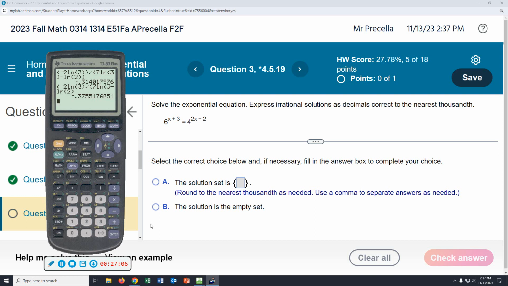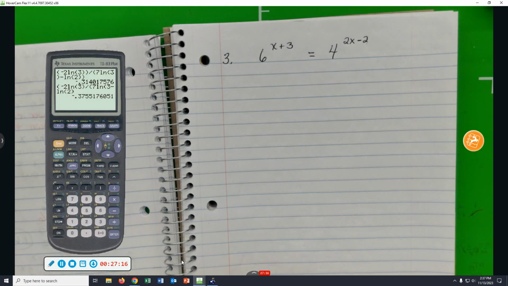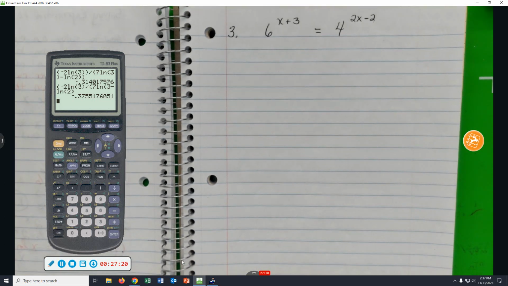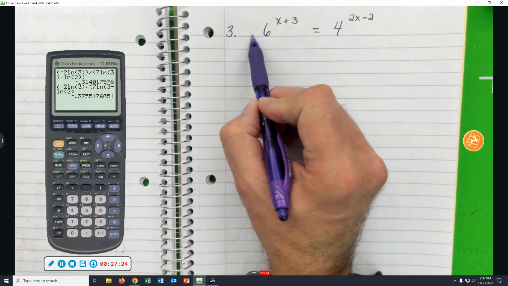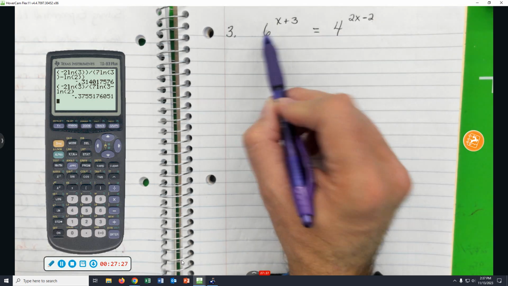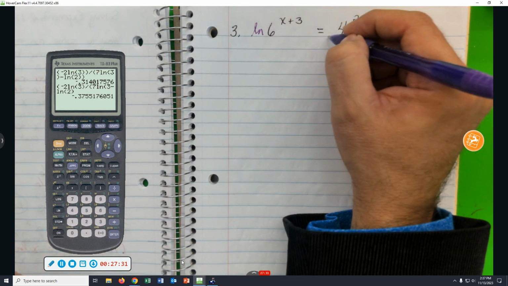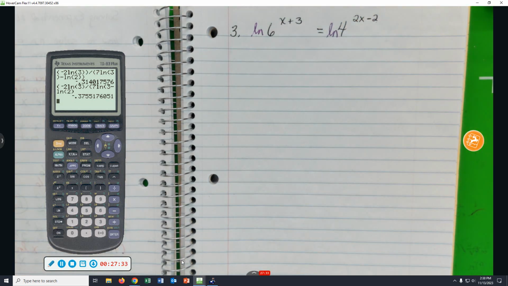Oh, well, heck, I guess there's 2 of those 2's there, but 6 to the x plus 3 equals 4 to the 2x minus 2. Well, start off by taking the natural logarithm, stick ln in front of each side, and carry down the exponent. Okay?